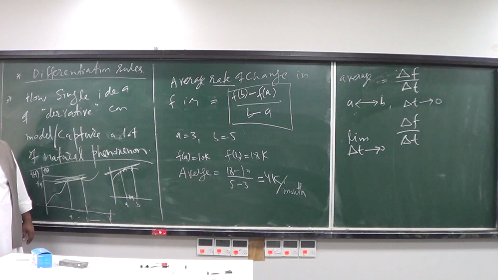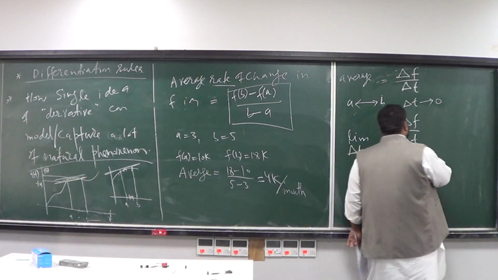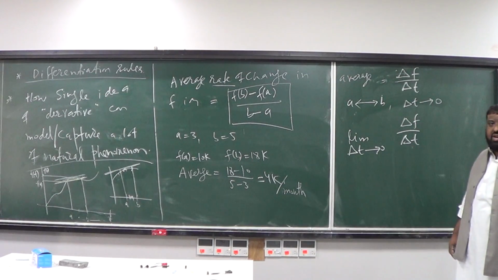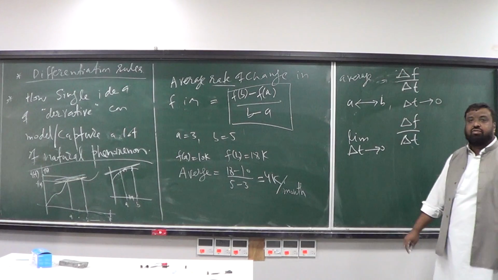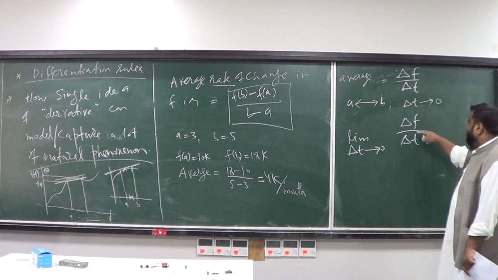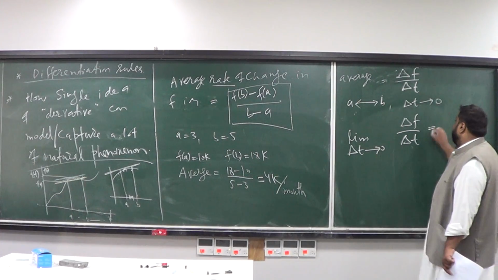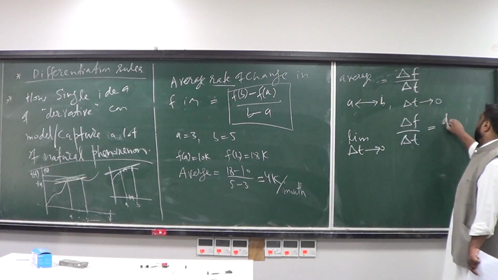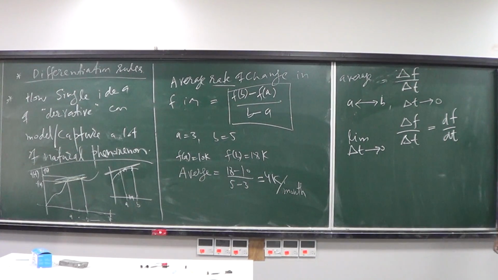If you're talking about a really tiny time that is close to 0, then the change in f would be really tiny, and this quantity is also going to be tiny. Let's give that quantity a name: df by dt.